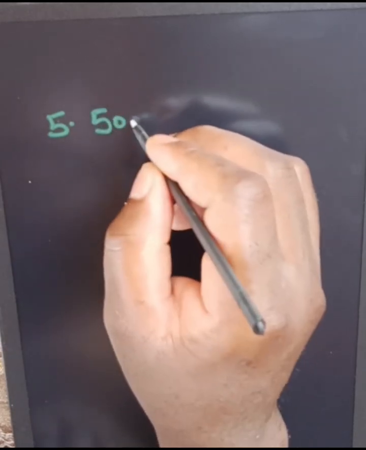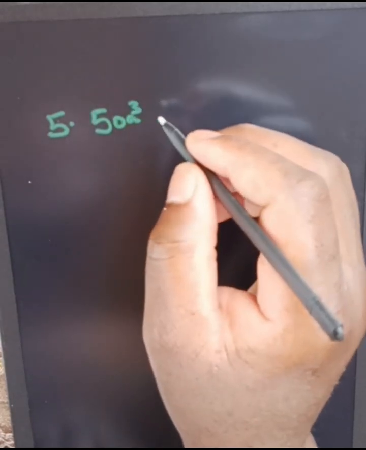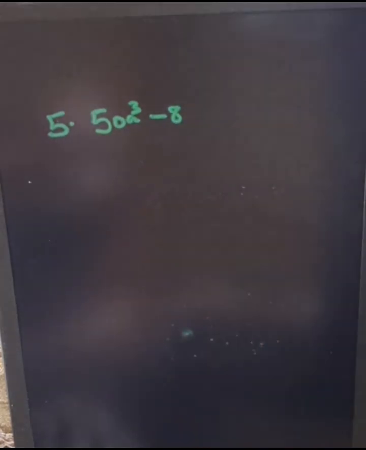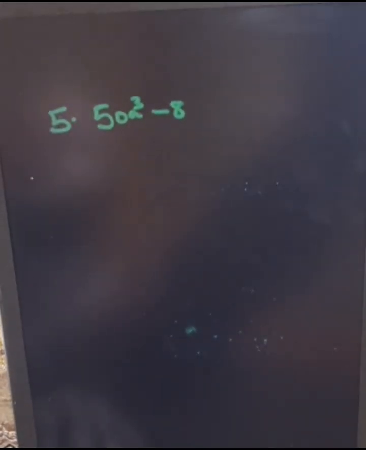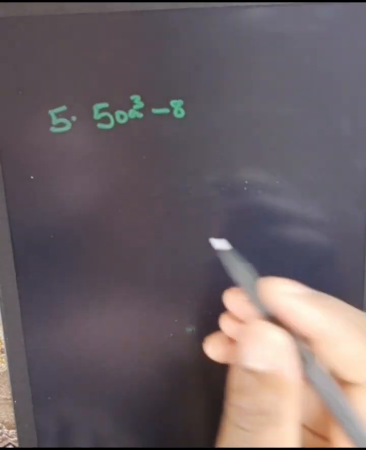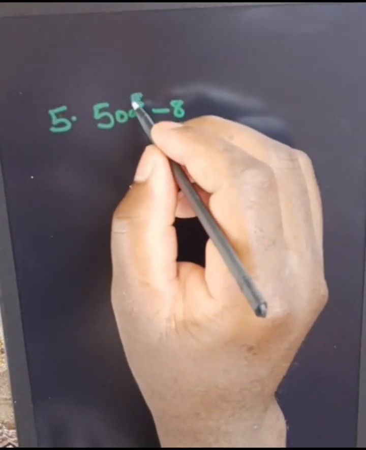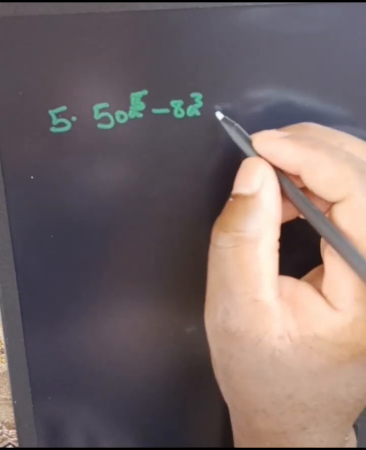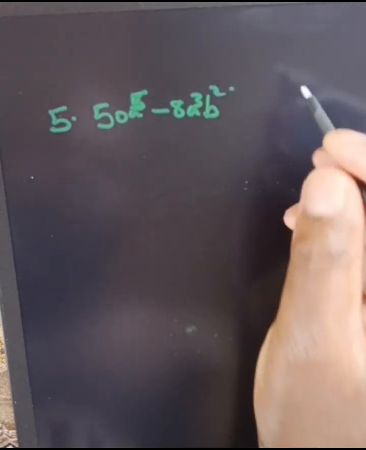Let's move on to number 5. Number 5 reads 50a to the power 5 minus 8a to the power 3 b squared.